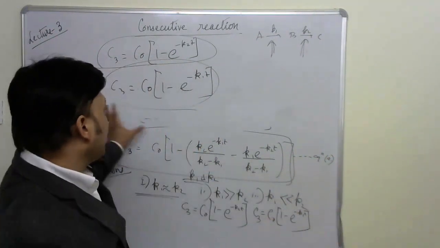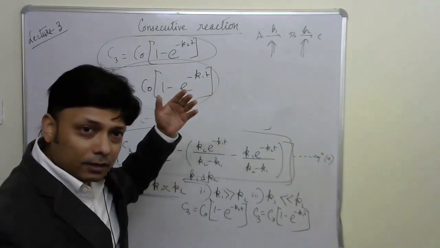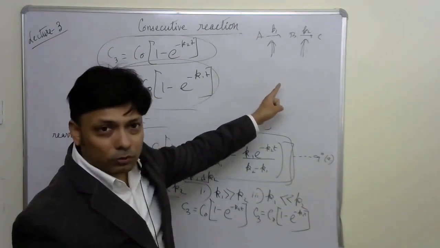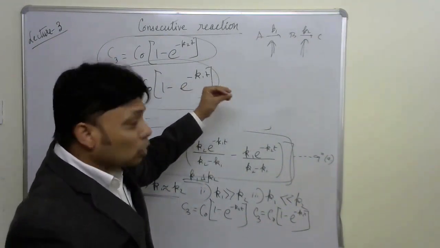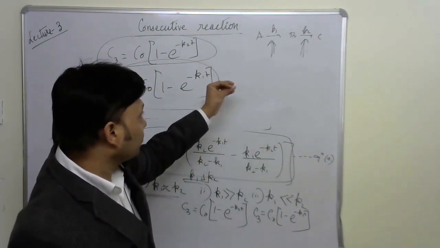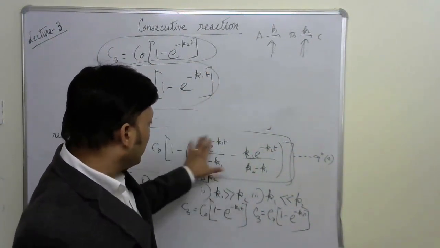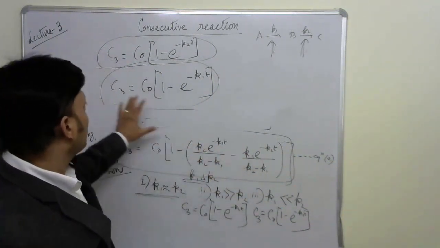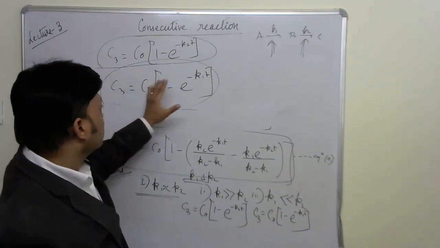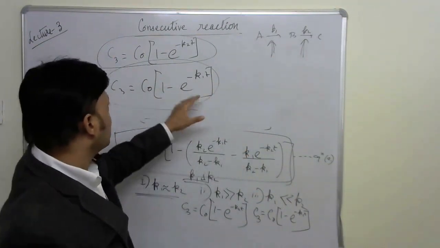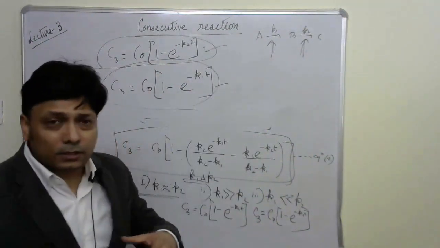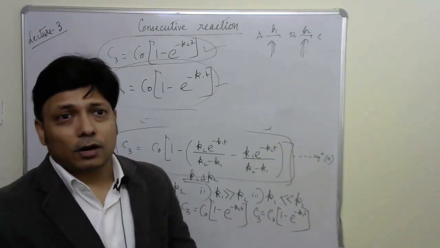Here we have mathematically deduced that whenever we have a slowest step in a consecutive reaction, so slow that we can neglect the other rate constant with respect to it, with some approximation of course, the slowest step governs the entire kinetics, and this equation is simply a simple first order kinetics.